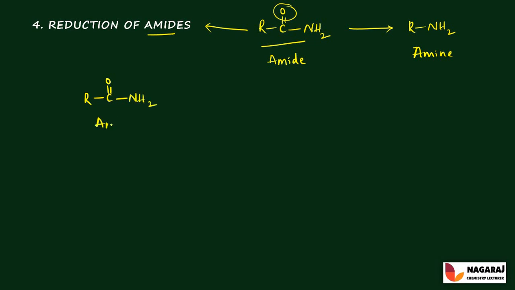Amides on reduction with the reducing agent lithium aluminum hydride, followed by hydrolysis, give R-CH2-NH2: one oxygen atom is replaced by two hydrogen atoms, because between the carbon and oxygen there is a double bond, and the remaining is NH2.